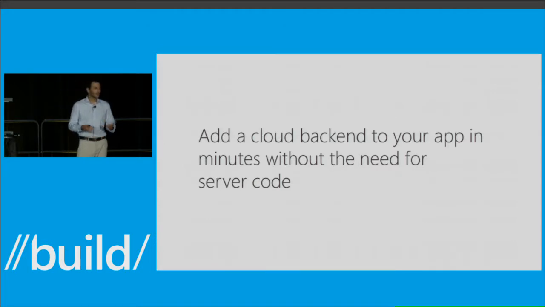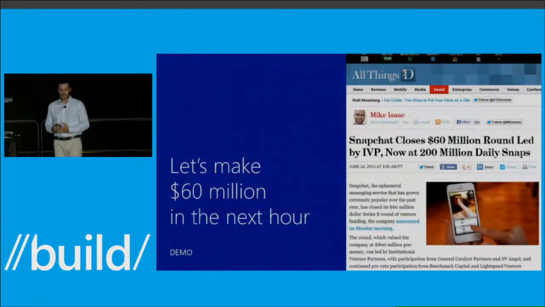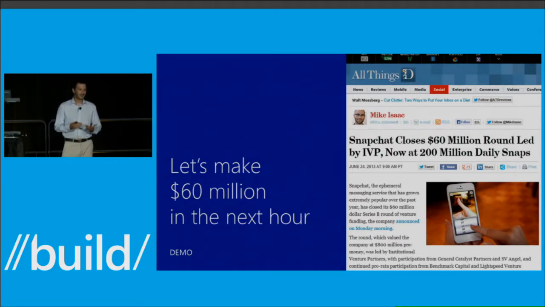And so we talk about connected apps, but what is a connected app? I was reading the news the other day, and I saw this. So you guys have heard of Snapchat? How many of you have heard of Snapchat? It's a cool new app, and they just picked up $60 million additional funding. So what it enables you to do is to take a picture and send it to your friends.